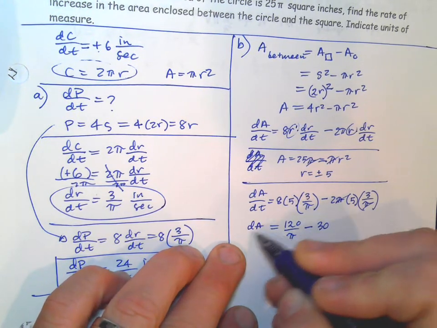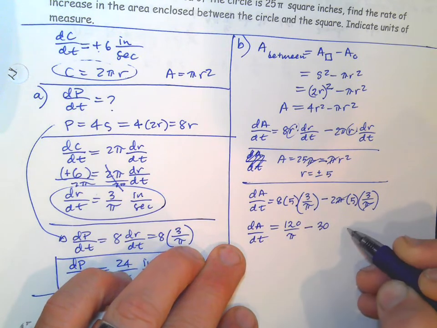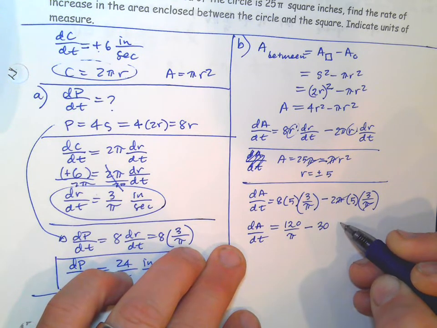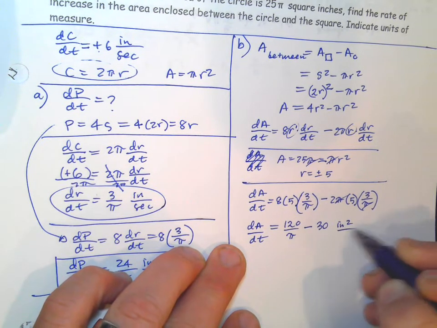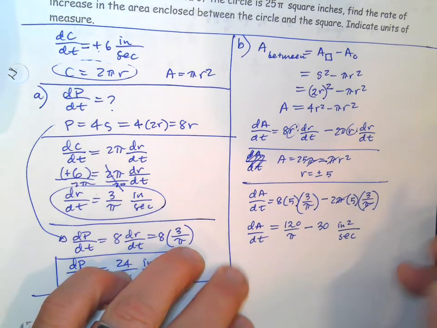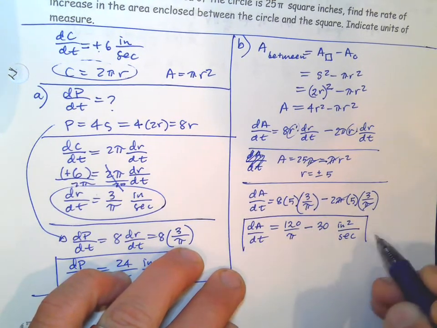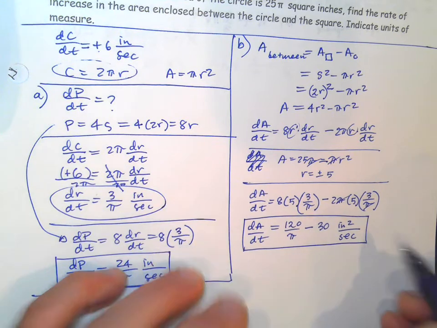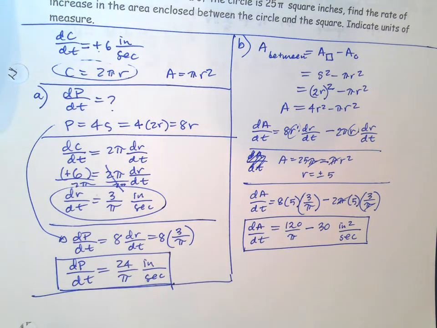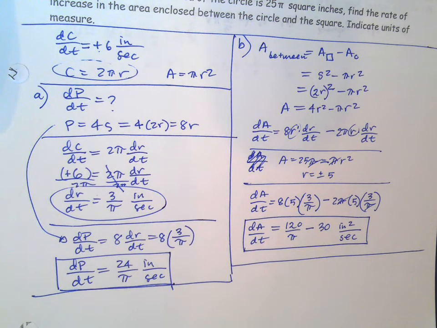And the units should be area over time. So the units of area should be something squared. In this case, it's inches squared over time in seconds. And if you were to calculate this as a decimal, it should come out positive. Like that area should be getting bigger. So there you go. Kind of an interesting version of that. Next one.